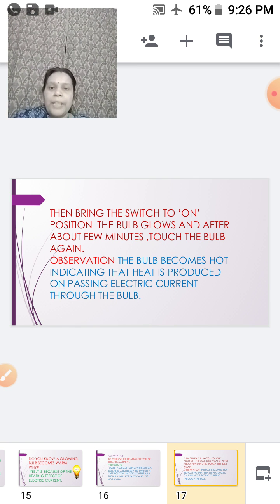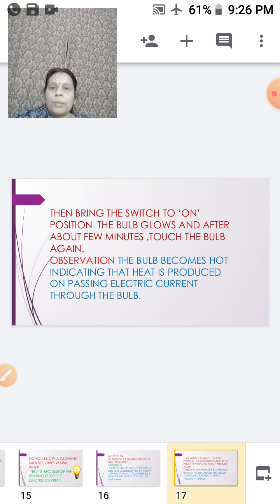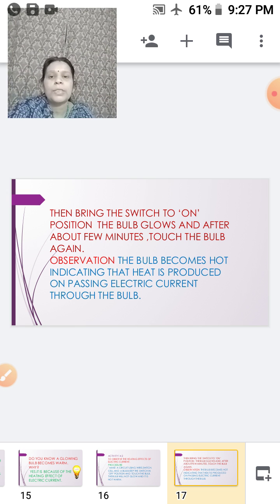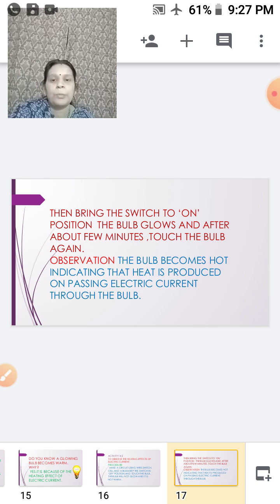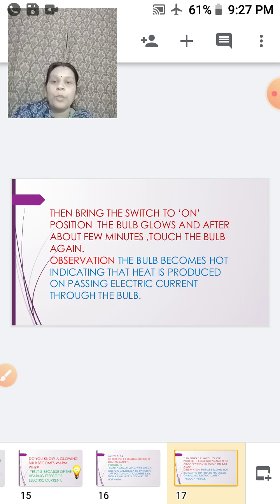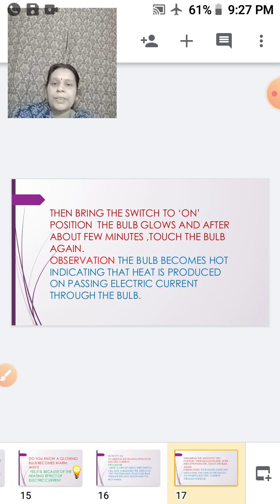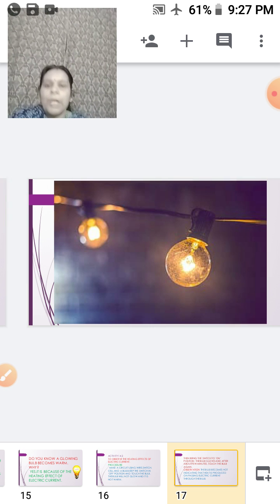Now we will bring the switch in the on position. Now the bulb will glow, and after a few minutes, if you touch the bulb, what will be the observation? The bulb becomes very hot, indicating that heat is produced when the current is passed through this bulb.